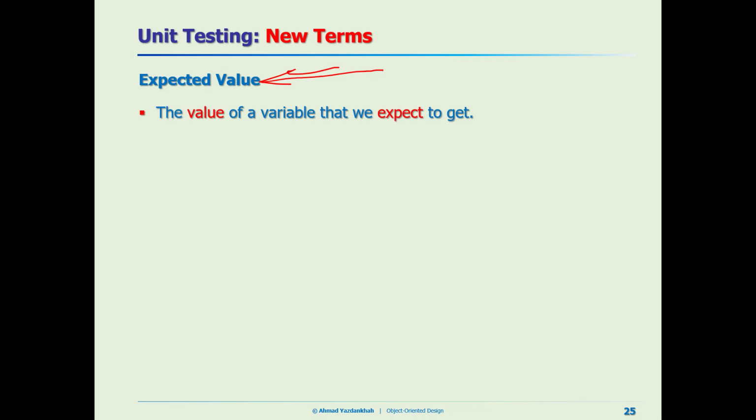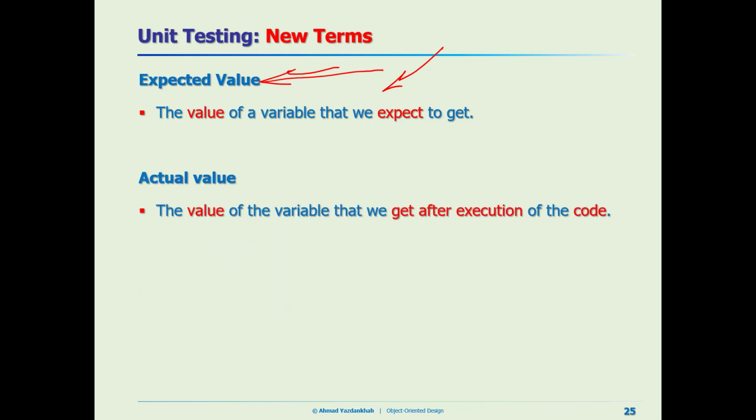Okay, so that value that you expect to get from that method is called the expected value. The actual value is whatever value you get when you run your code. So this one is the expected value. Theoretically, you expect to get that value. This is whatever you actually get, right? And these two values should definitely be equal. If everything is fine, then these two values should be equal.